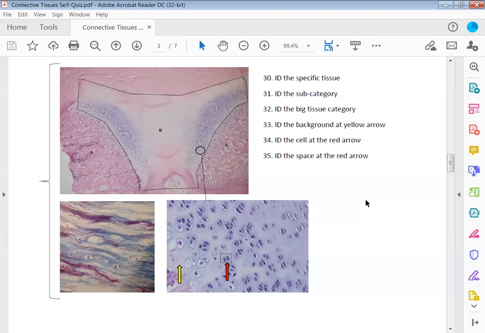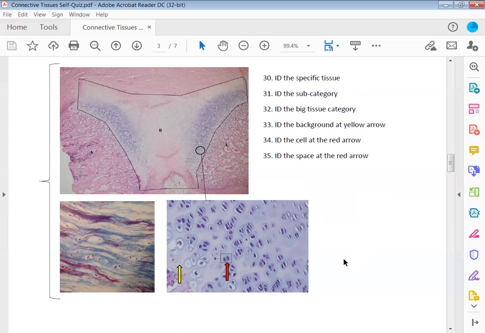Number 33, okay, so now we're looking at the bottom right-hand picture here. Remember, we've taken this little snippet and we've blown it up here. So number 33 says, identify this background or background substance pointing at the yellow arrow. The background substance is going to be the matrix.